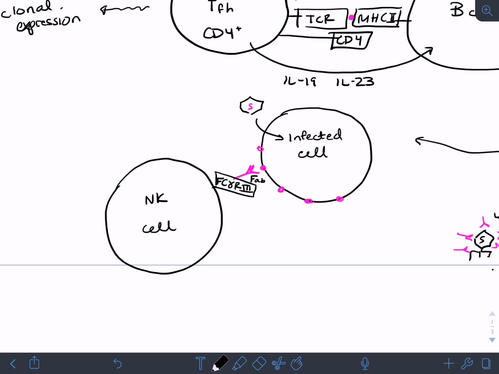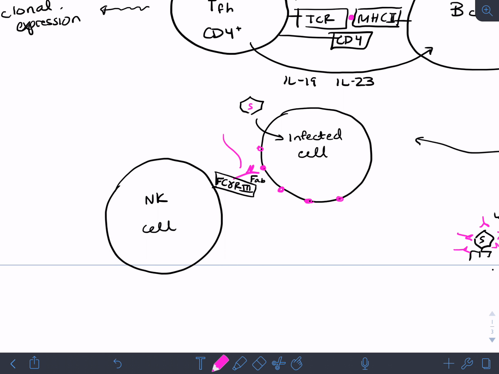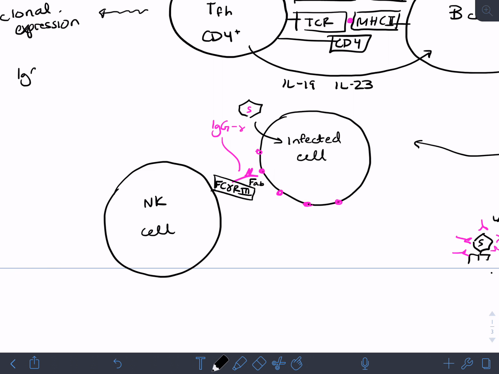And you can break this term down. FC is referring to the FC region of the antibody. Gamma is referring to the fact that this is specifically an IgG. The isotype of the antibody is IgG, and the G refers to gamma. Actually, let me write that all out. Your different antibodies are IgG, IgM, IgA, IgD, and IgE.